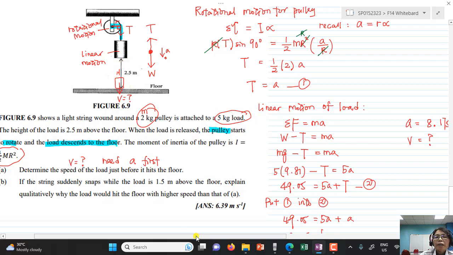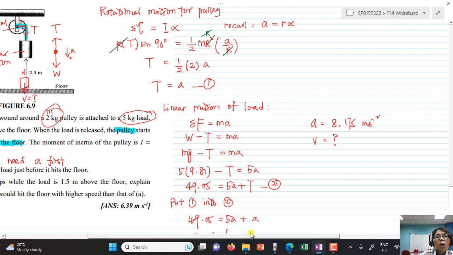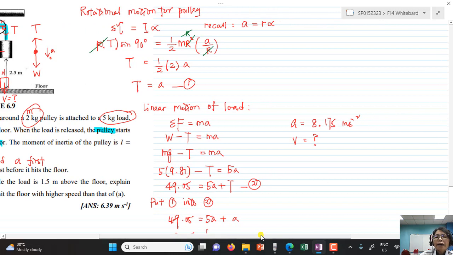So when it strikes the floor, it undergoes a displacement of 2.5 meter. Before release, the load is at rest, so the initial velocity is 0.